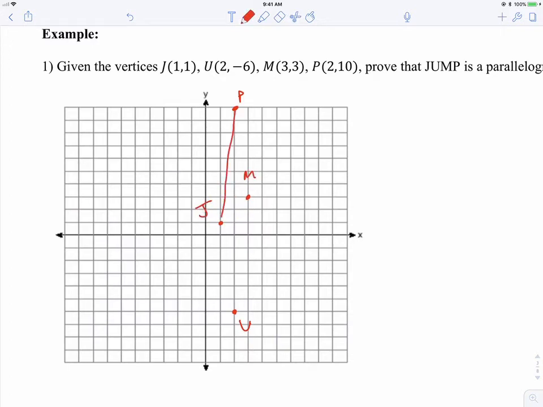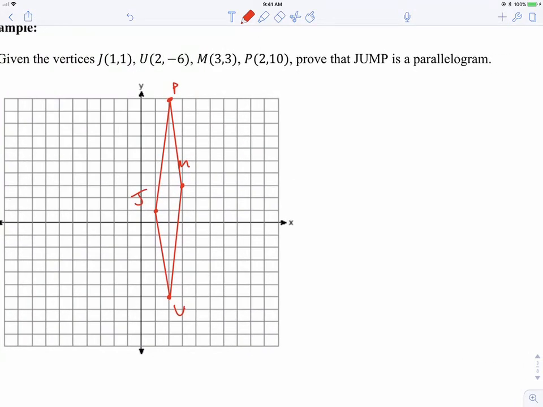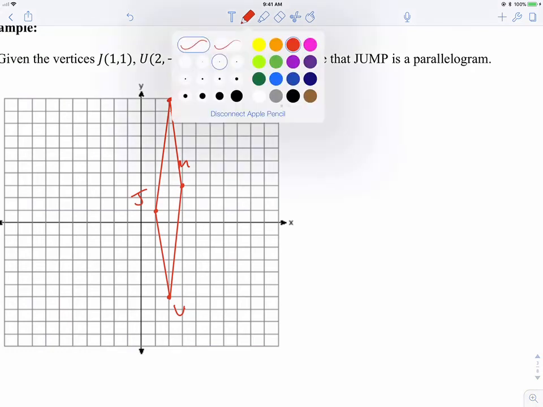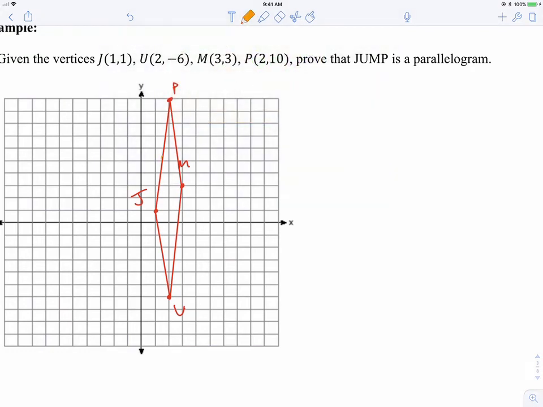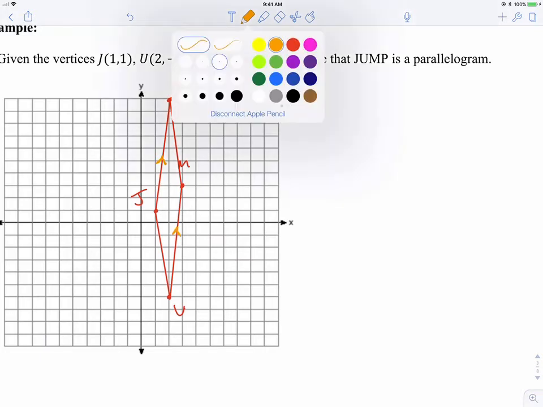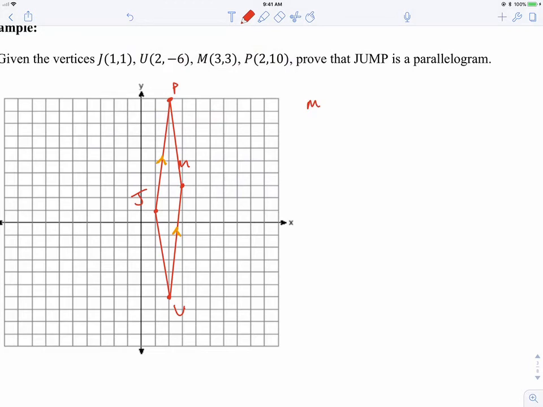When I connect these points, we want to show that this thing is a parallelogram. Let's first try to show that JP is parallel to MU. So let's do the slope.